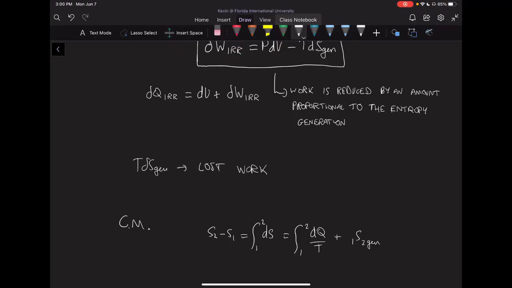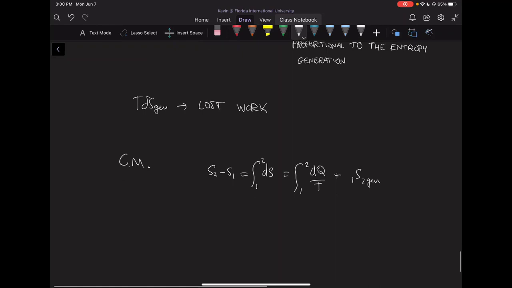And if we look at our entropy balance, from this equation we can essentially write the change in entropy within our system. If we write it in words, the change in entropy is equal to the plus in, the minus out.